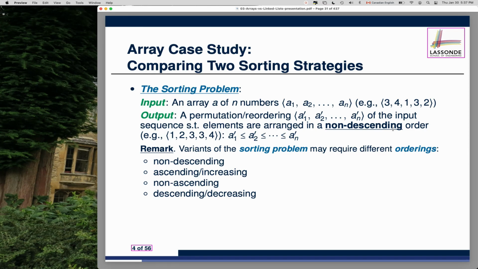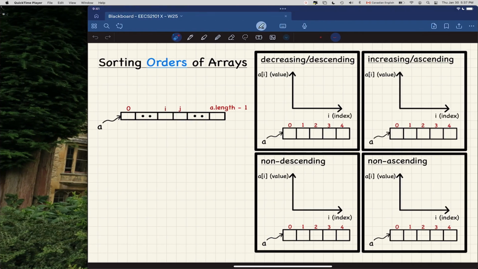All right, let's now take a look at these 4 orders, right? They are very straightforward, but you just got to know the definition very thoroughly. All right, so I got these 4 possible sorting order. I got decreasing, descending. I got increasing, ascending. Let's talk about these 2. These 2 are very straightforward. Decreasing, descending simply means the values of the array should have this downward trend. All right, let me write it down here. That means it should be this downward trend, always downward, strictly decreasing.